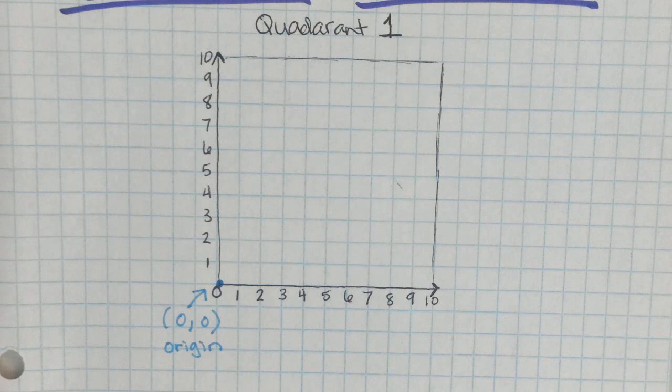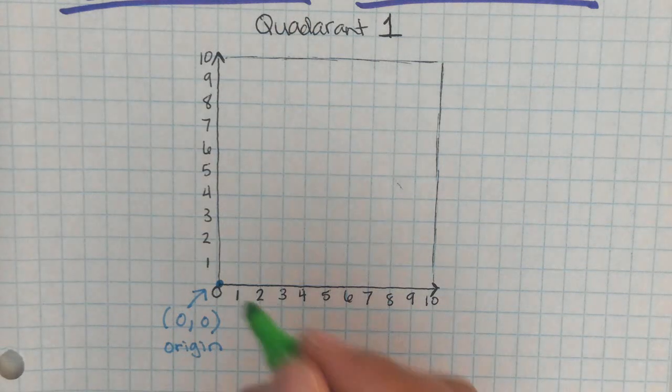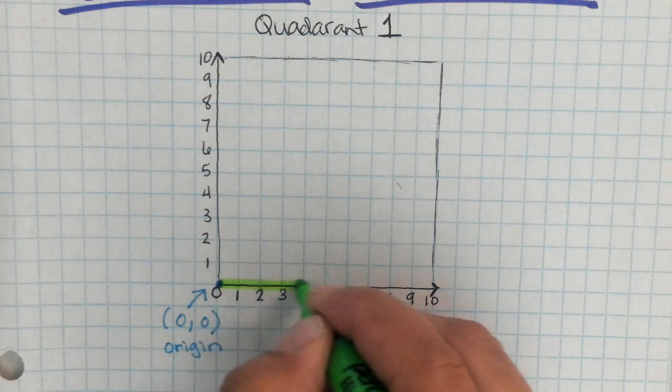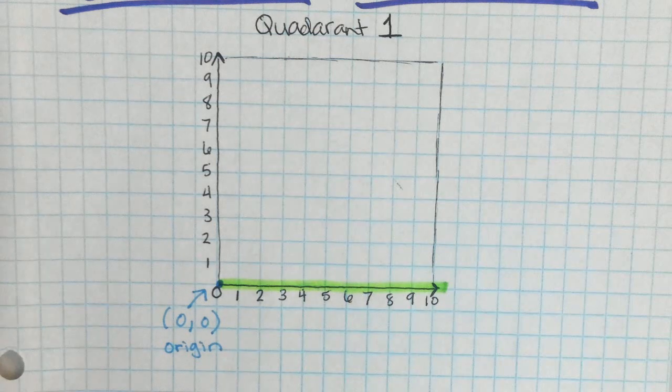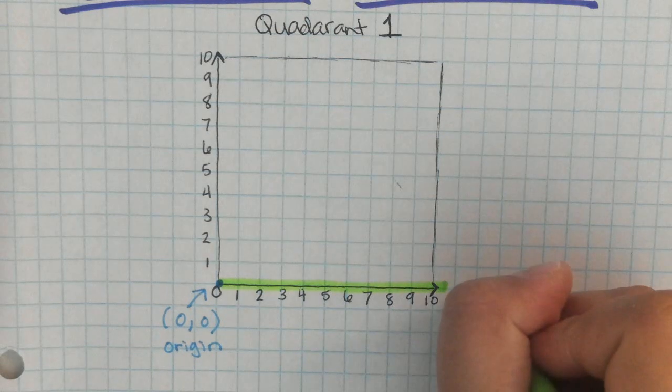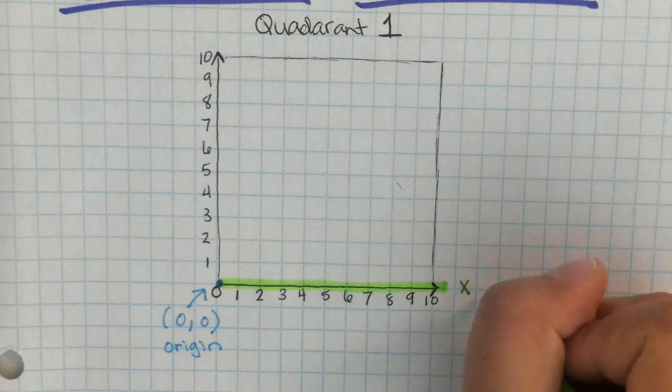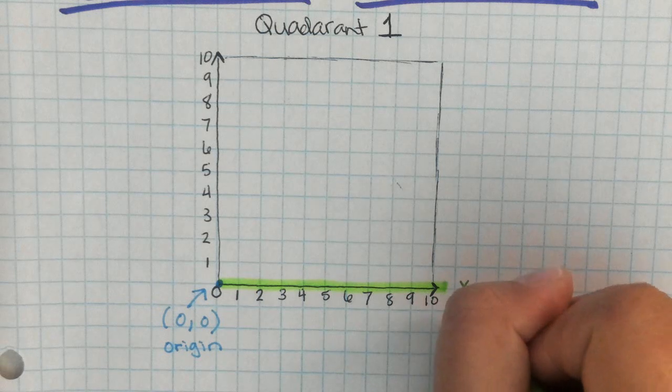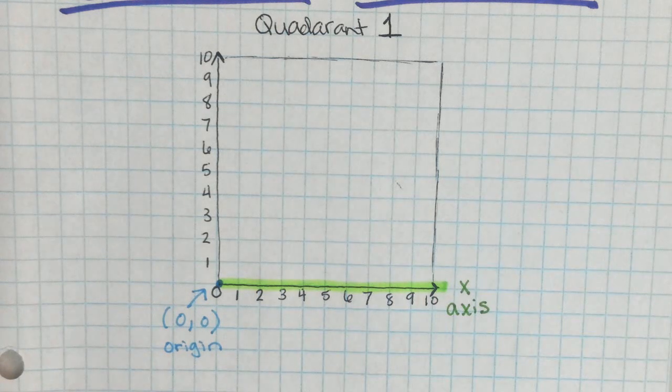I'm going to take a color and highlight my x-axis first, because I know when I graph that I have to move right along my x-axis. So I'm just going to label this in the same color as well.